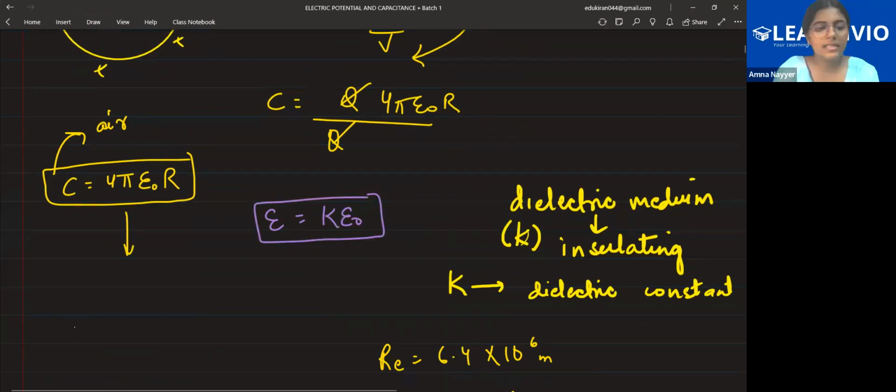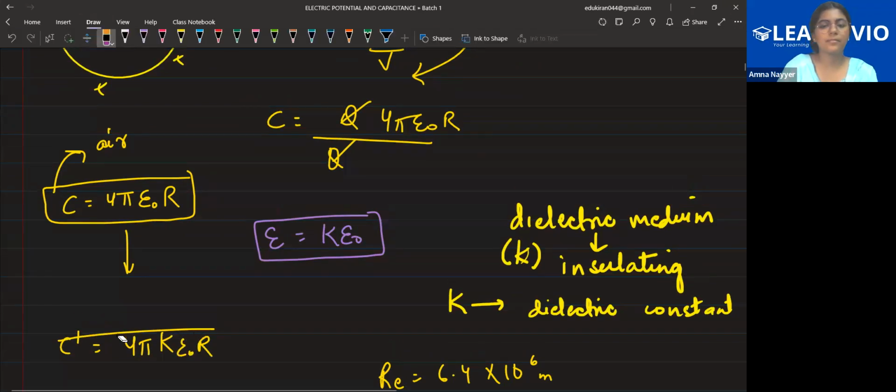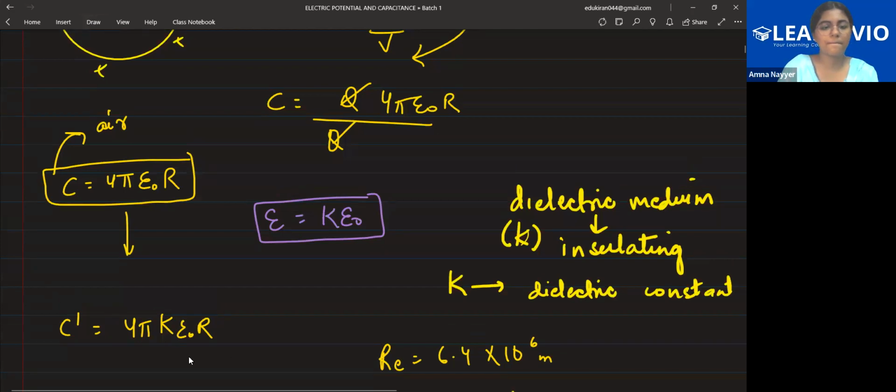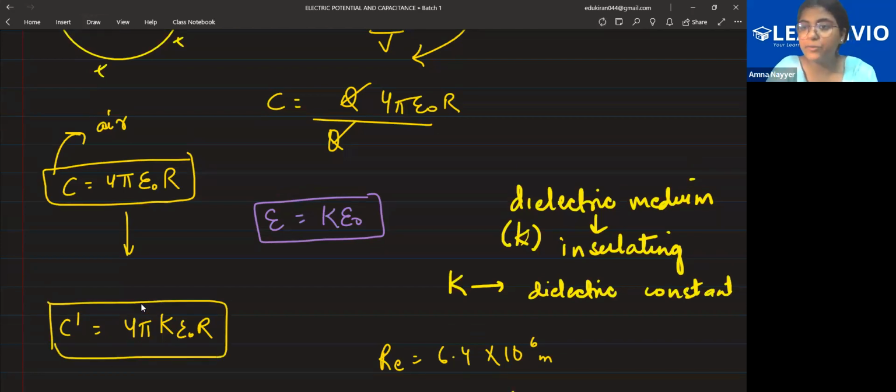This will be written as C dash equals 4 pi K epsilon naught R. Okay, this is for a medium. So if you have a medium, you have to multiply it with K. What is K? K is the dielectric constant of the insulator.